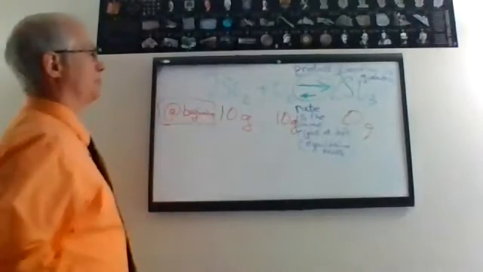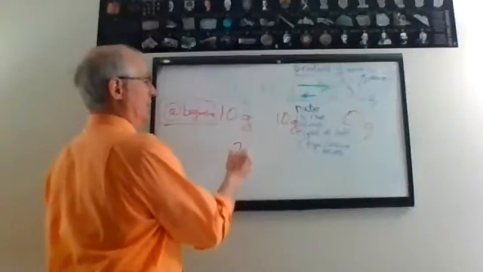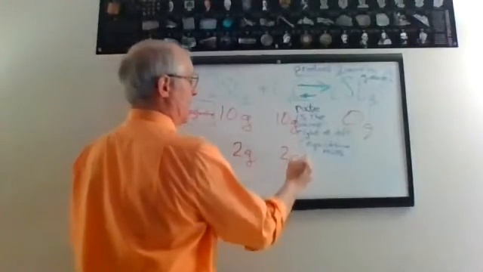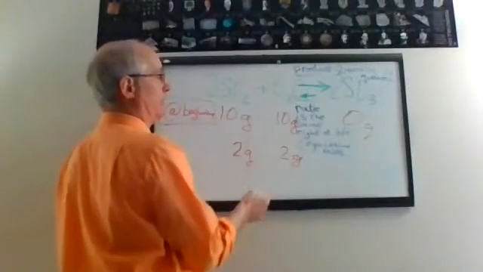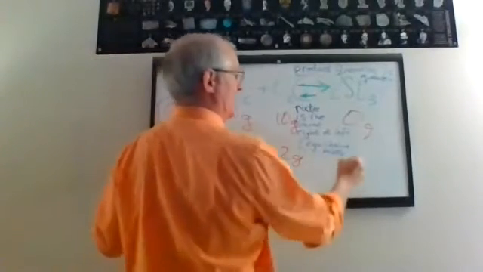As the reaction proceeds, it uses up these reactants. Now we're down to 2 grams of this and 2 grams of that. That's going to make 4. Take 4 away from 20 and you're going to get 16.